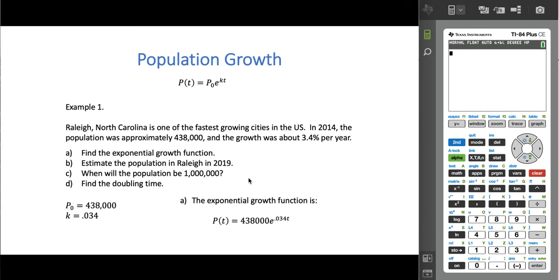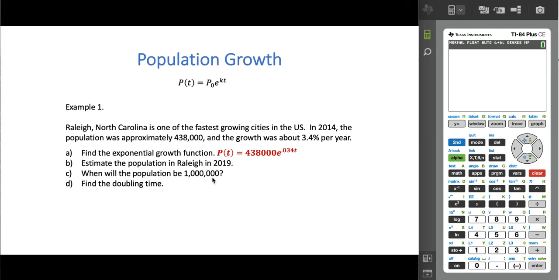So when you plug those values into the population model, you have the population at time t is equal to 438,000 times e to the 0.034t power. And that is the exponential growth function model.